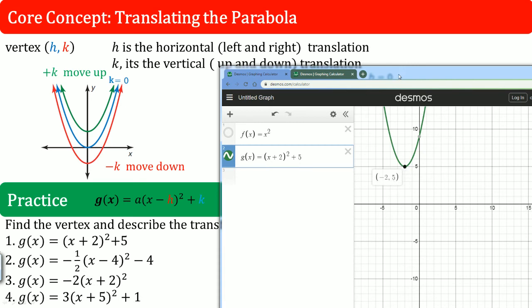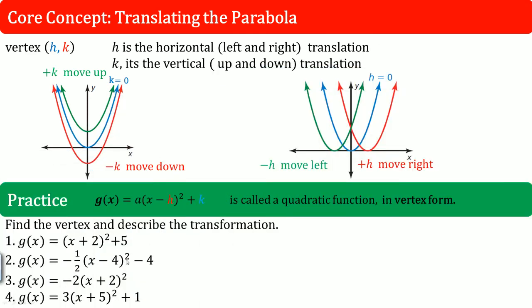How we go about that from our original to here is we move to the left 2, then we went up. So we can take a look. The vertex here is negative 2 comma 5. That 2 was our negative, so we went to the left twice. Then the 5 means we went up 5.